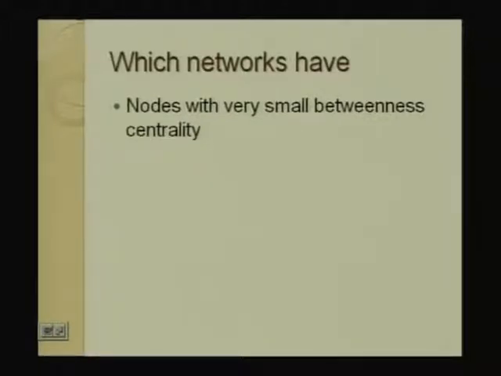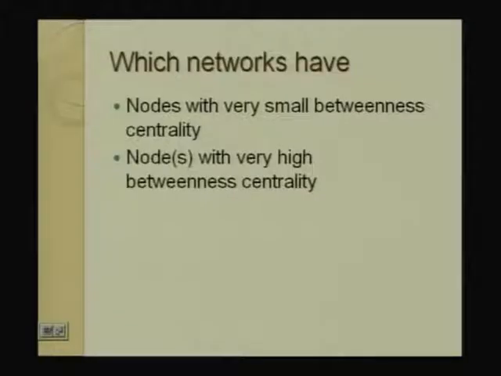It's very simple, right? In a clique every node has a betweenness centrality of 0 because every pair is connected. So no shortest path passes through a particular node.